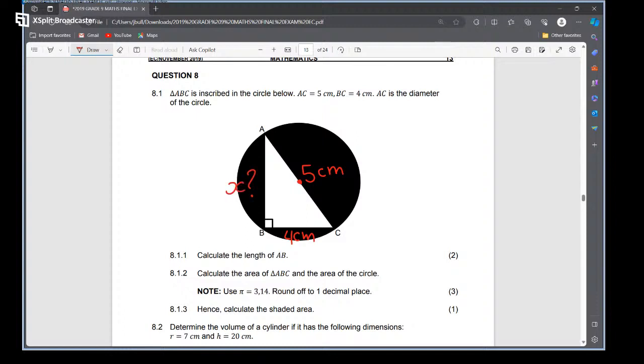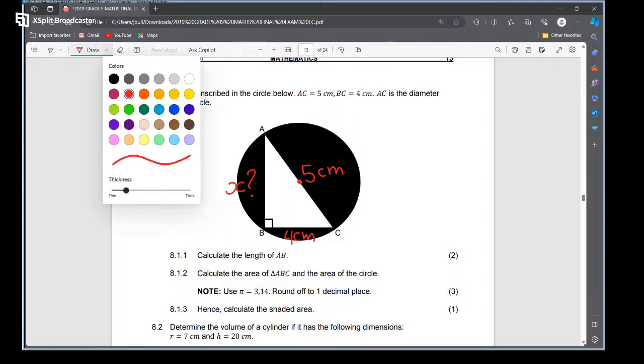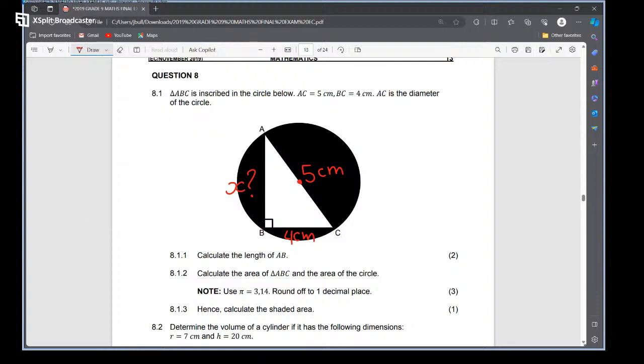So if we need to calculate the length of an unknown side in a triangle, and it's a right angle triangle like this, what you should be thinking about is Pythagoras. Okay, so for this 8.1.1, we are going to be thinking about Pythagoras, and probably get a mark just for writing down the Pythagoras rule.